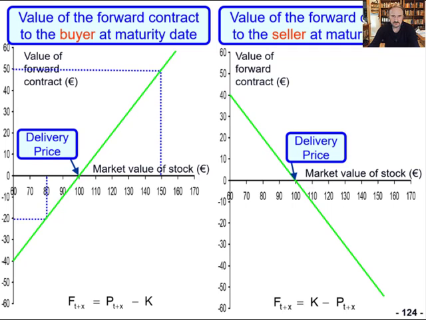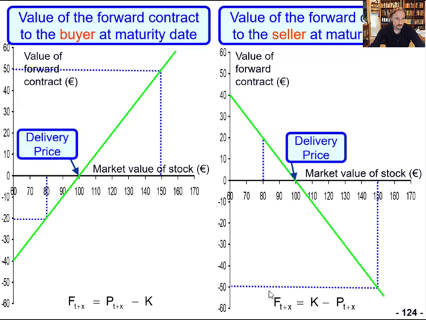If the market price of the underlying asset equals 150 euro, the market value of the selling position in the forward contract equals minus 50 euro: the delivery price of the forward contract minus the market value of the underlying asset. Because the seller must sell the underlying asset at the delivery price of 100, but can buy it only at a market price of 150, so he makes a loss equal to 50 euro.